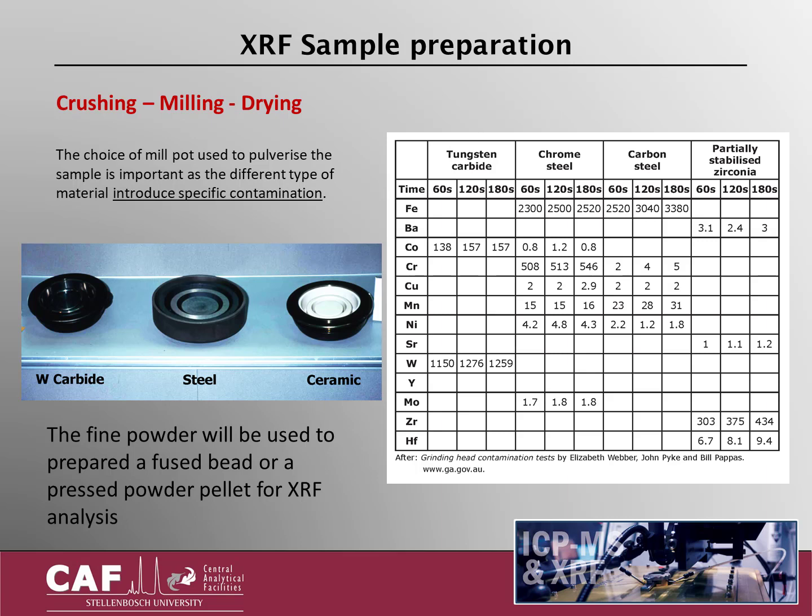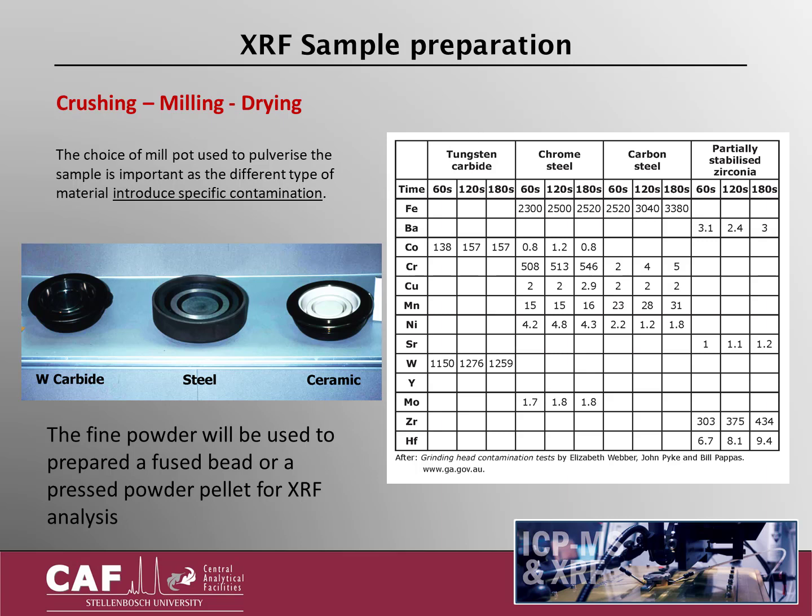To make a good decision to minimize contamination, it is important to establish what are the elements of interest and their expected concentration levels. The table displayed provides an indication of the contamination in parts per million during certain time intervals. Needless to say, the longer the milling time, the higher the contamination, but the finer the sample will be.